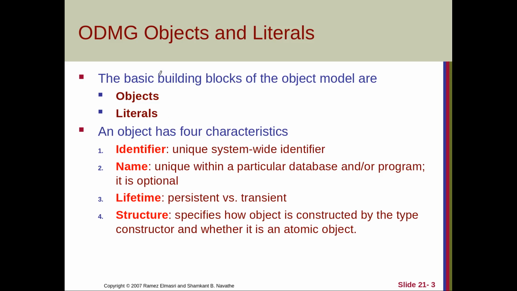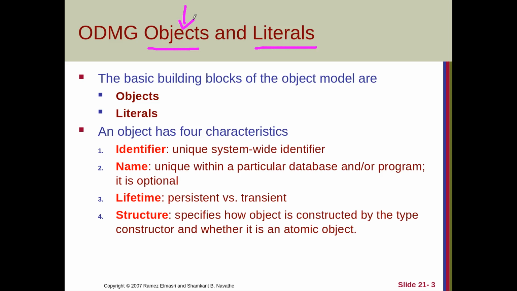First of all we will discuss ODMG objects and literals. As you know, these two terms are important in an object-oriented database system. Since it is an object-oriented system, we need to focus on entities like objects.